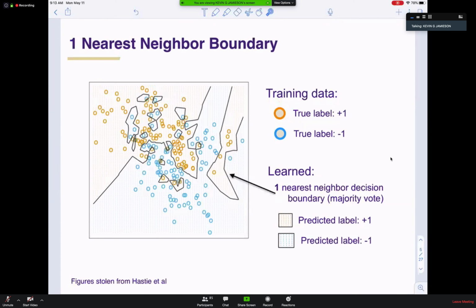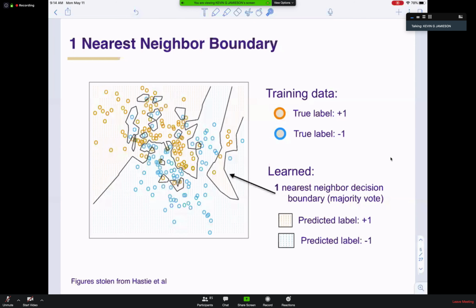So if you think about the expected label at any particular point, it's basically the truth. At any particular point, the probability of getting the right label depends on how close that nearest neighbor is. Because if that nearest neighbor is right on that point, then that is an unbiased estimate of what the label should be at that point.